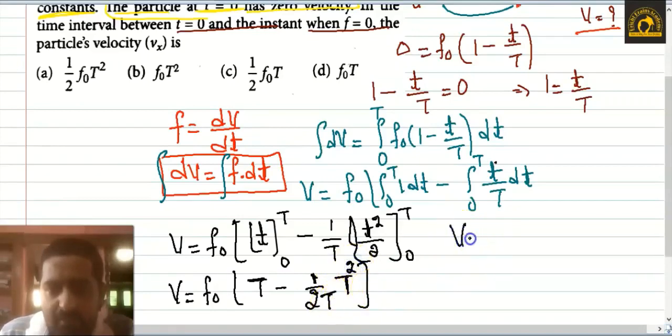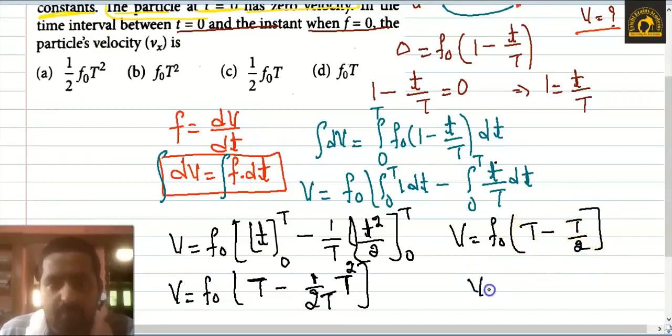So v is equal to f naught into T minus T divided by 2.